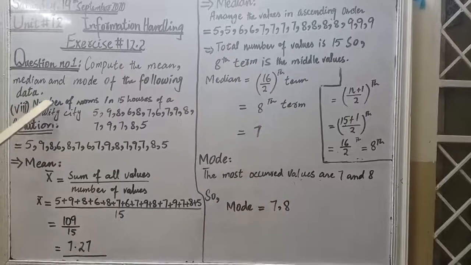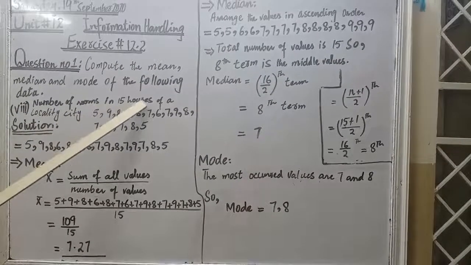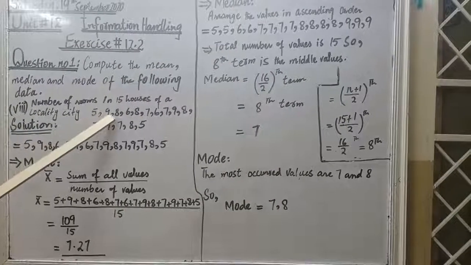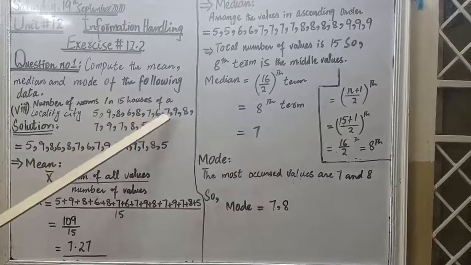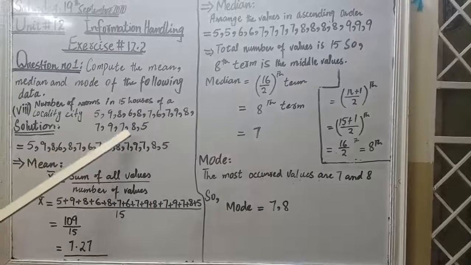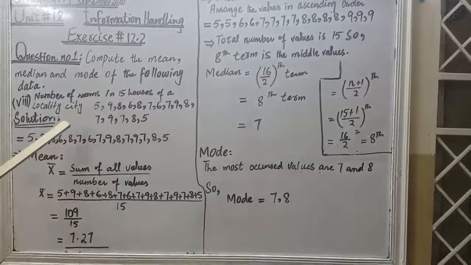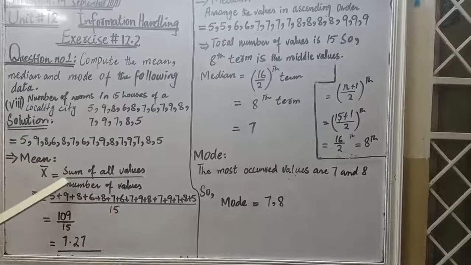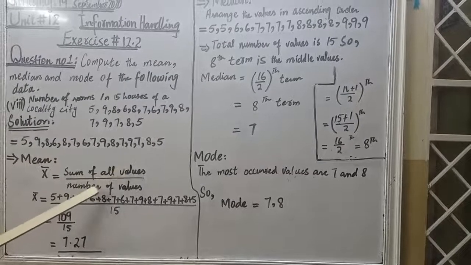Part 8. The number of rooms in 15 houses of a locality in a city is 5, 9, 8, 6, 8, 7, 6, 7, 9, 8, 7, 9, 7, 8, 5. So our solution is, first we find the mean by using our formula: the sum of all values divided by the number of values.